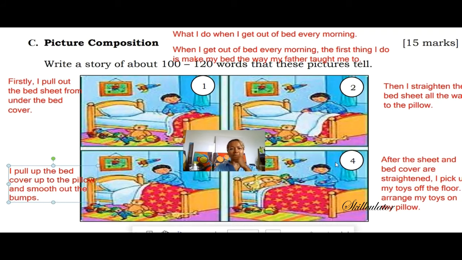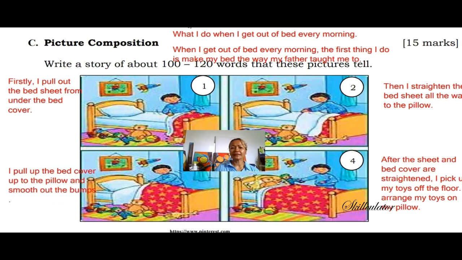Now we have to complete the composition off with a conclusion, something that closes off the story. So we're introducing no new ideas, nothing new. We're just kind of summarizing everything that we've said so far.